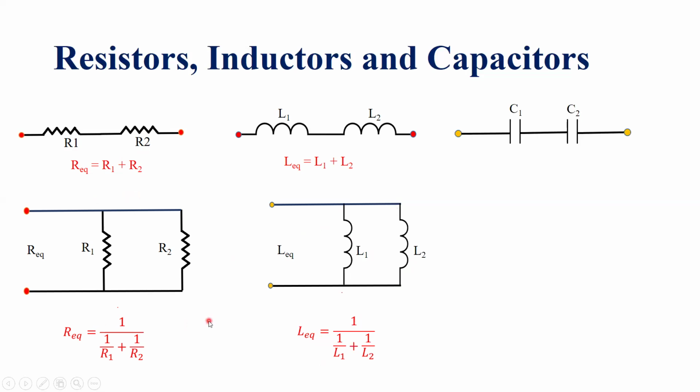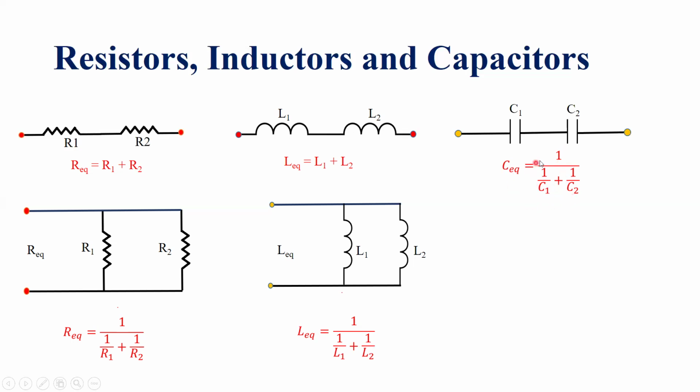How about our third component, capacitors in series? You see C1 and C2 are connected in series with each other. In this case, however, C equivalent will be calculated as the reciprocal of 1 over C1 plus 1 over C2.